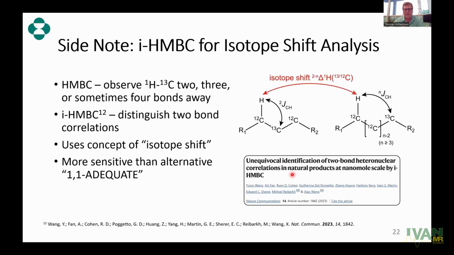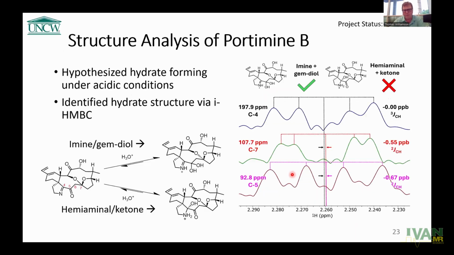And so we decided to incorporate this isotope i-HMBC experiment to use our isotope shifts to differentiate the 2-bond versus 3-bond correlations. And as we thought about this structural problem more and more, we considered that in the HPLC, there's actually the presence of formic acid in that solvent system.